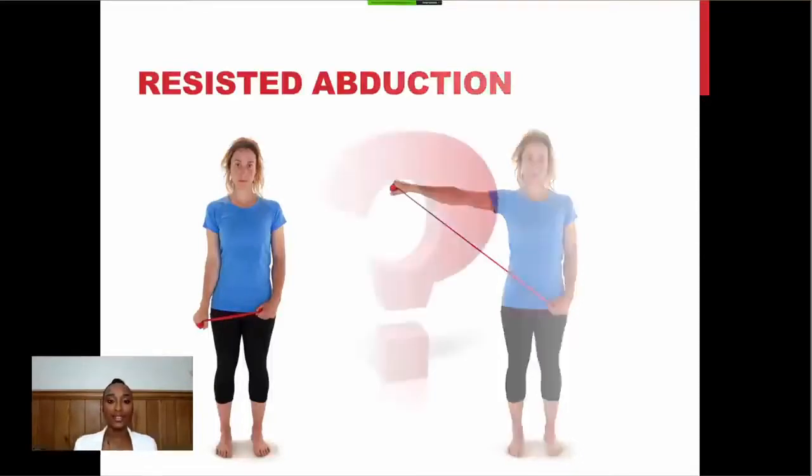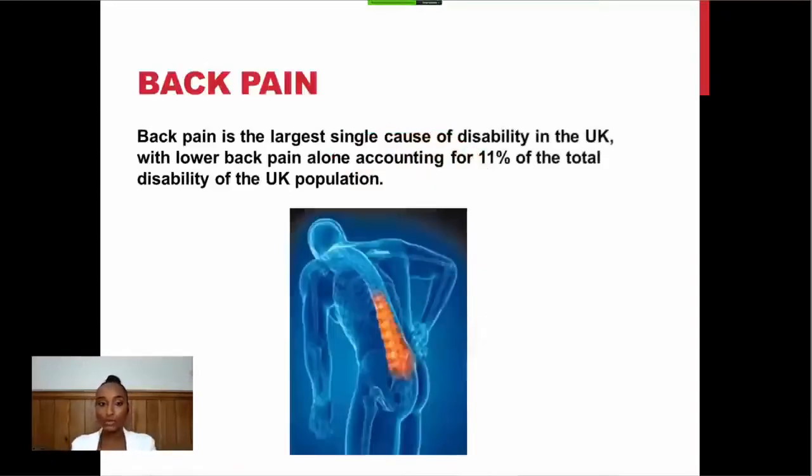Okay. So any questions about that? Yes, the first question, are you more at risk if someone's joints have recurring subluxations? So subluxations is where your joint is a bit unstable sometimes. So if it was the shoulder, your humeral head might be a little bit lower.